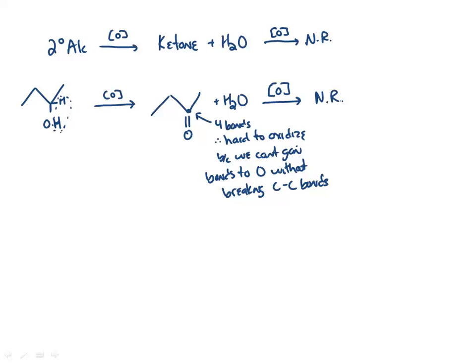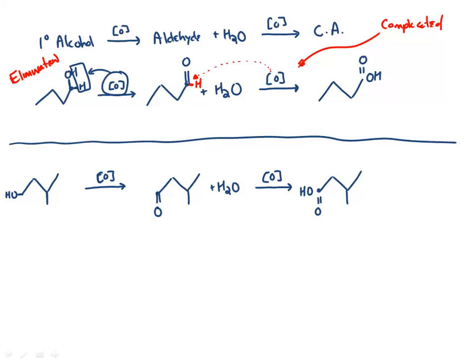primary. No, if you look, one of these bonds here is to hydrogen, right? So when I say 4 bonds, I mean 4 bonds to carbon or hydrogen, meaning there's no carbon-hydrogen bond is what I'm trying to say. So if you look at this step for a primary alcohol, there's still a bond to hydrogen that's pretty easy to break.